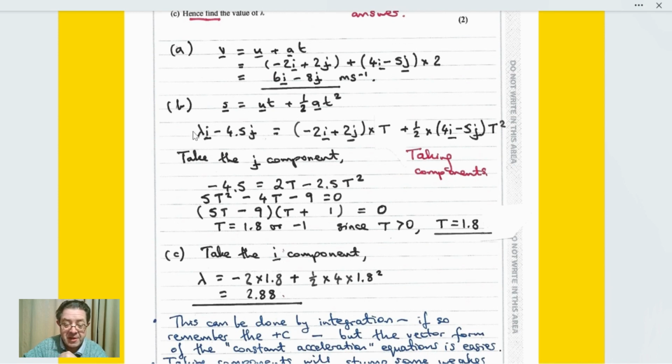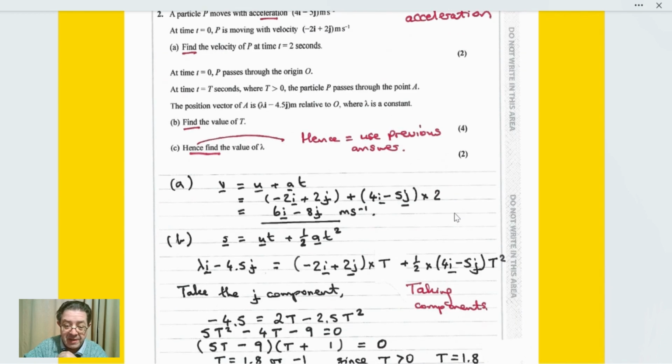But in fact, we can take components. i and j can be treated independently. And if we take the j component, we get an equation with T in it. It's a quadratic. It has solutions 1.8 and minus 1. Discard minus 1 since T must be positive. Big T is 1.8. Don't really need units because T is just a value.